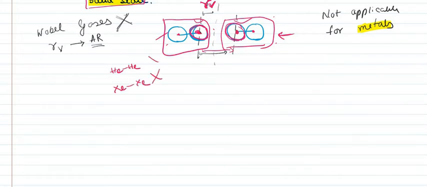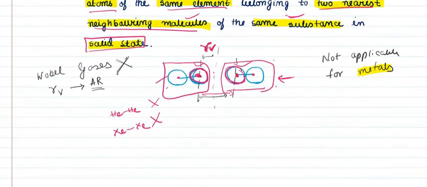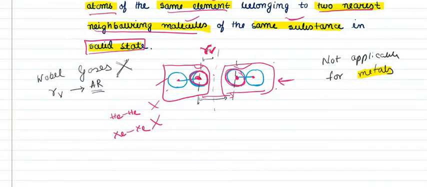These do not exist, so we cannot find any molecules with which we can calculate the covalent radius. So this is the only radius for noble gases.